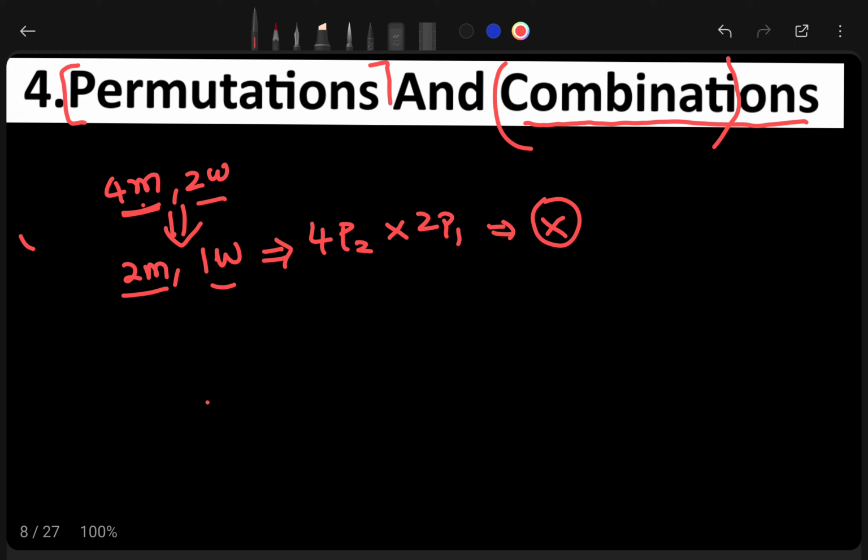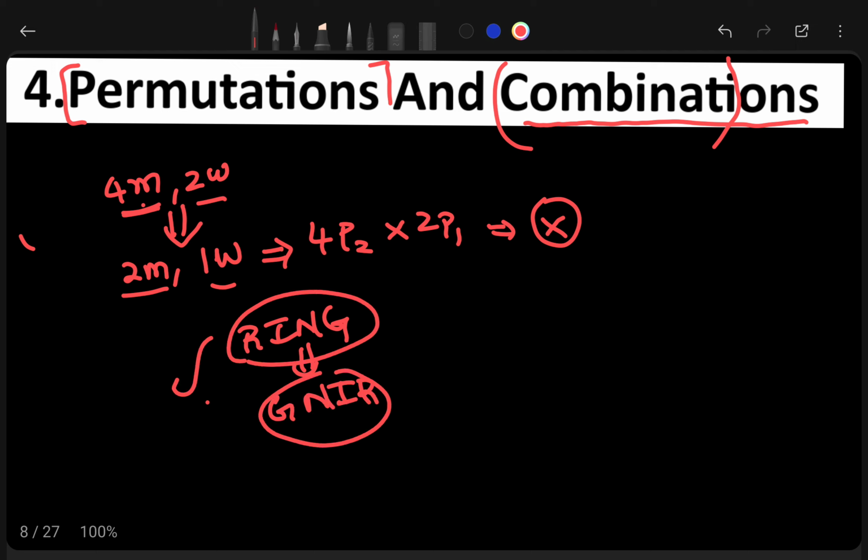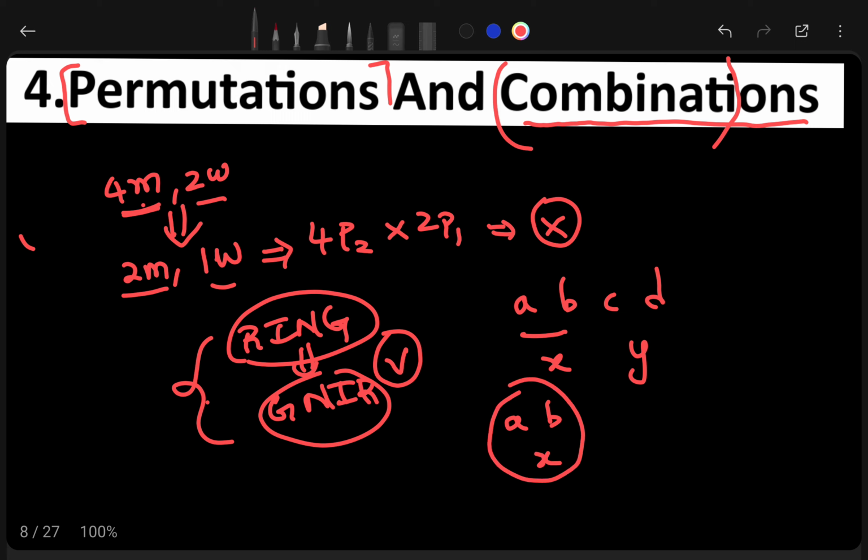See, compare the cases. In the last case, RING and GNIR are different. Now see, I have 4 men A, B, C, D and 2 girls X and Y. Now suppose I selected AB as men and X as woman. This is a good combination.